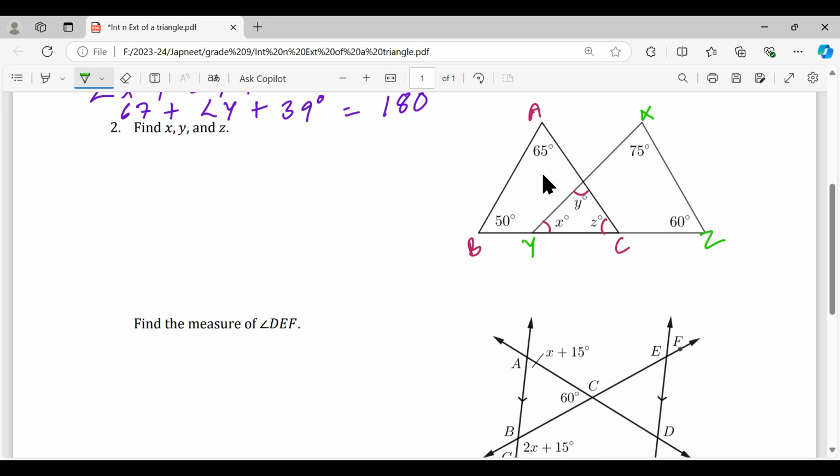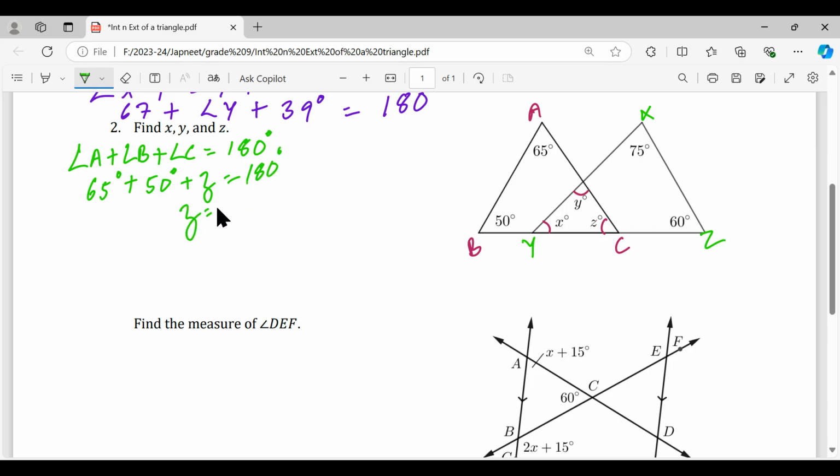Angle sum theorem. If you follow the angle sum theorem, you know that angle A plus angle B plus angle C will always be 180 degrees. Angle A is 65, angle B is 50 degrees, angle C is nothing but Z, which is equal to 180 degrees.